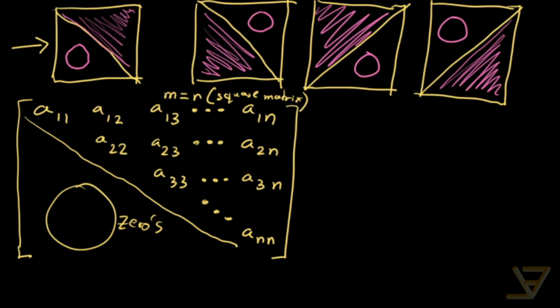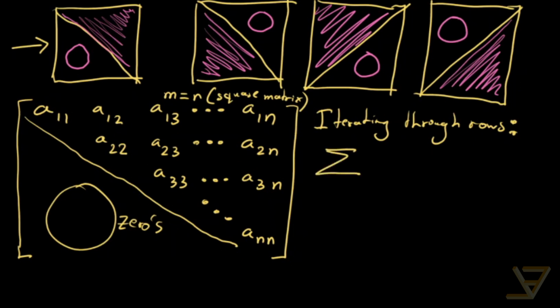So we're not going to mention the bottom left entries in the sum. So let's see two ways of writing the sum, one by iterating through rows and the other by iterating through columns. So iterating through rows, this is what it looks like in this case. We have the sum of i equals 1 through n, because we're actually going to be going through every row.